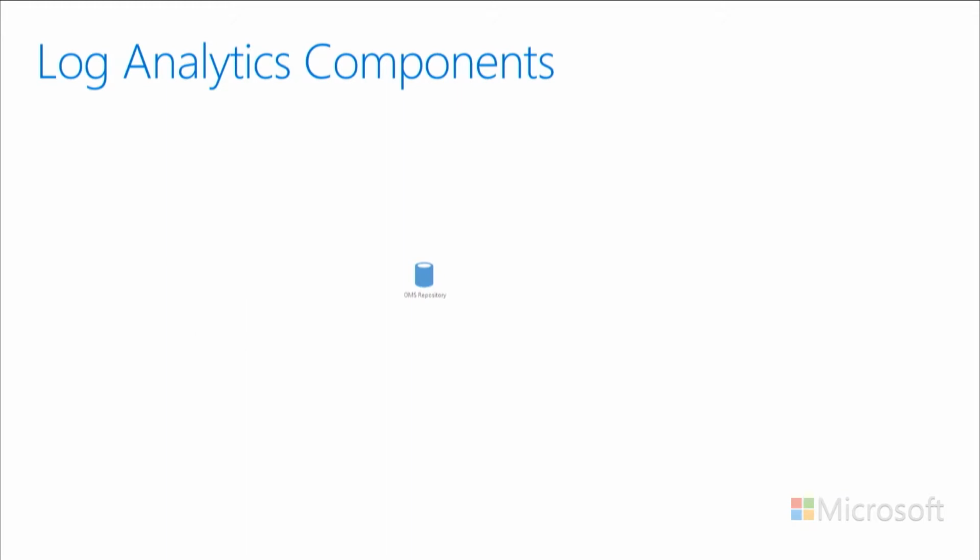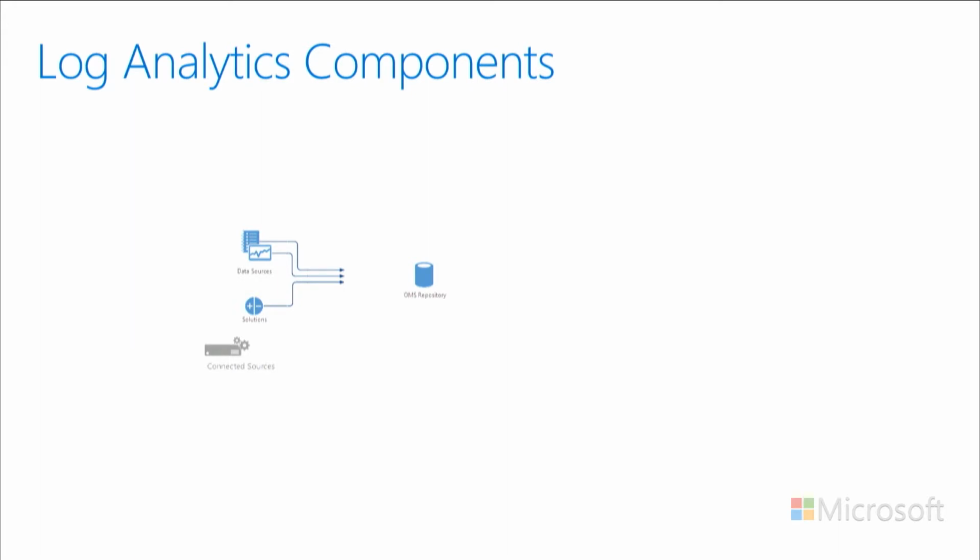So, we are mainly interested in log analytics in this course. Which are the components that log analytics has? It has the repository, which is where the data is stored, and the data comes from what are called connected data sources. The connected data sources are machines or Azure resources or something else that sends data to log analytics, for example Office 365.